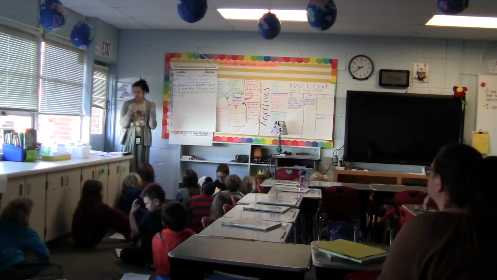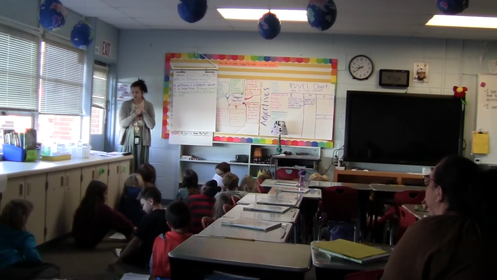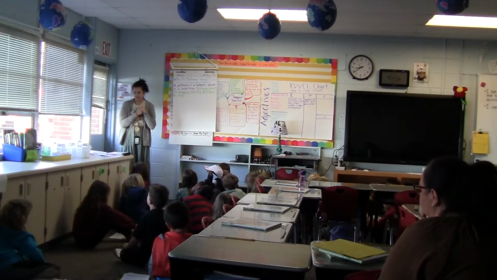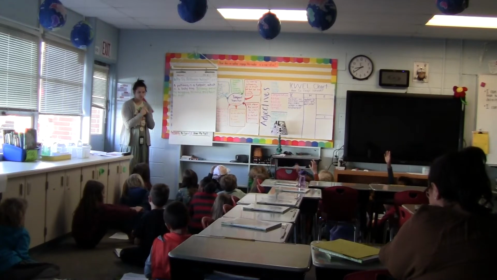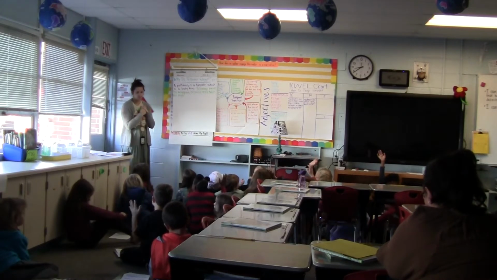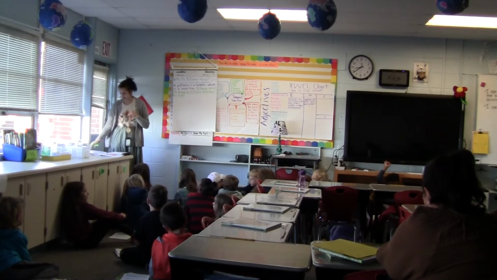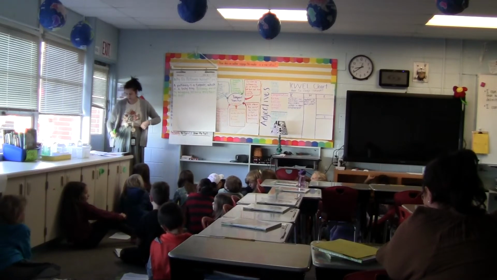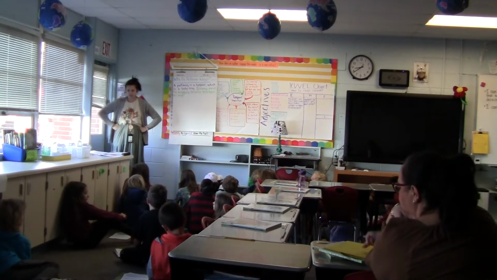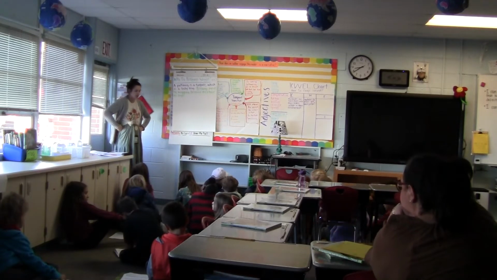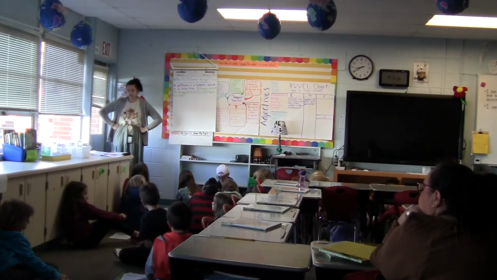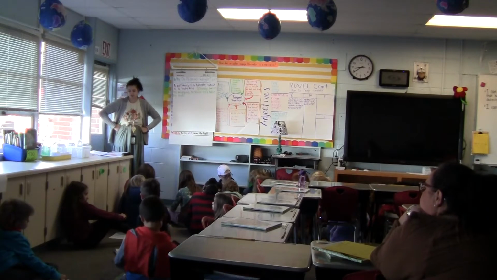All right, so what are we going to add after we add a focus statement? Does anybody have an idea? Eden? What are we going to add after we add a focus statement? An idea or like a detail, right? Okay, so what kind of details would we want to include in our class draft?